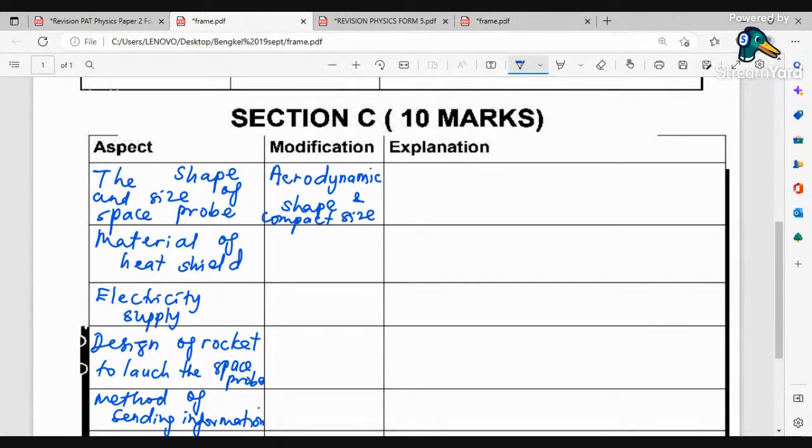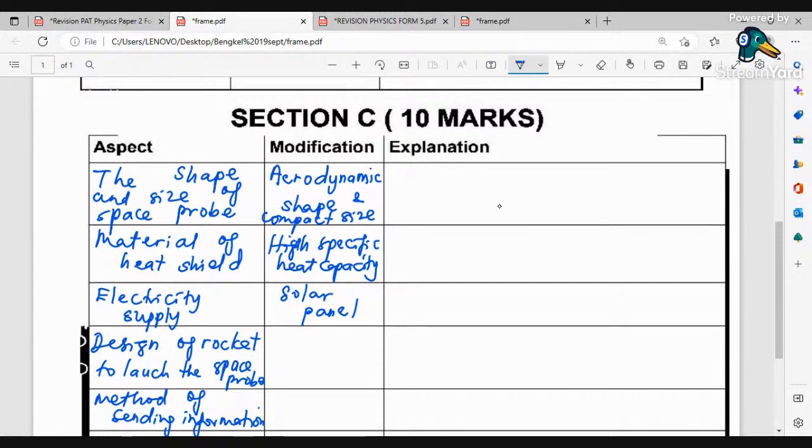Okay, material of heat shield, material you boleh letak the one that can withstand high heat energy or high temperature. So you can put as high specific heat capacity material. If you put high boiling point also can. Okay. Sama boleh juga high boiling point. Okay. Electric supply kita boleh guna solar panel because there are supply of light continuous from sun.